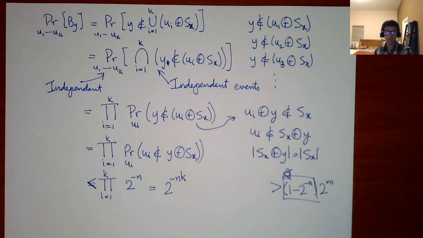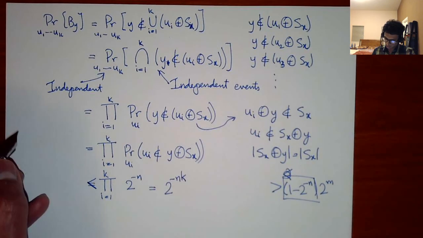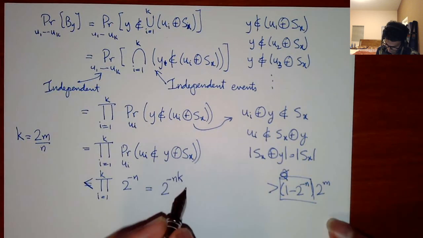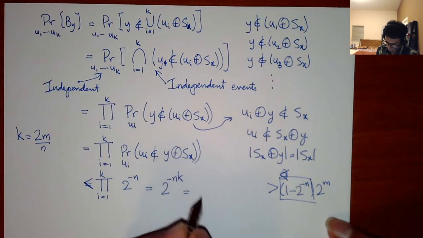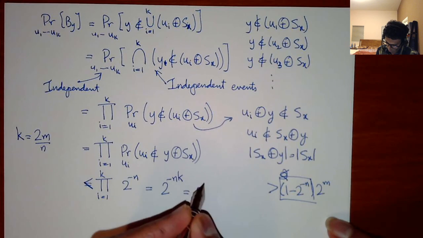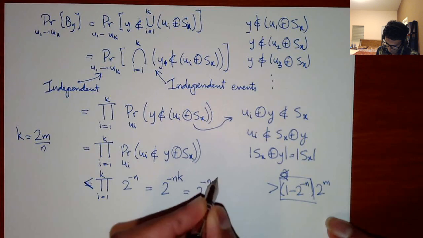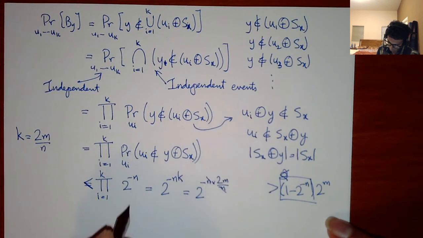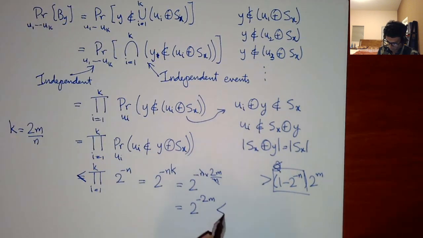And this is where I set k to be 2m over n. Actually, even m over n is good enough. When I plug this in, I get 2 to the minus n times 2m over n, which gives me 2 to the minus 2m, strictly less than 2 to the minus m.